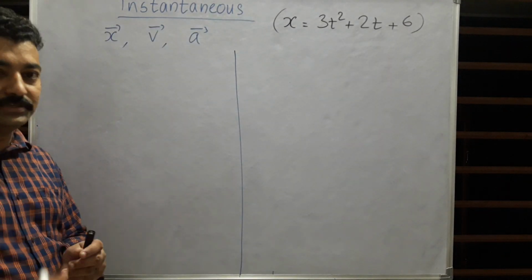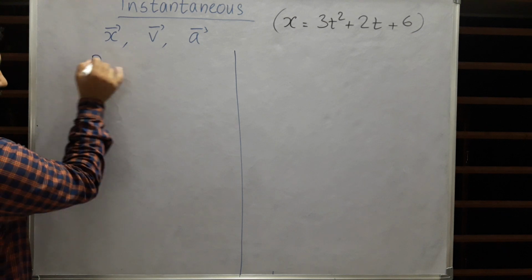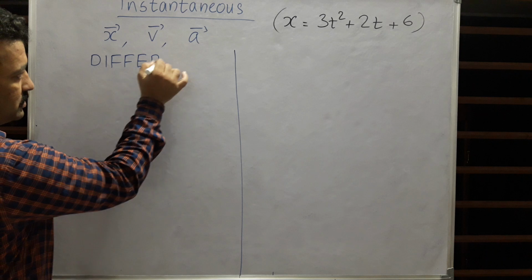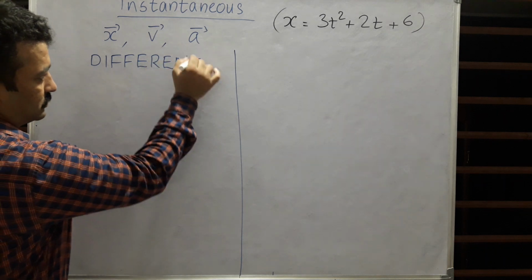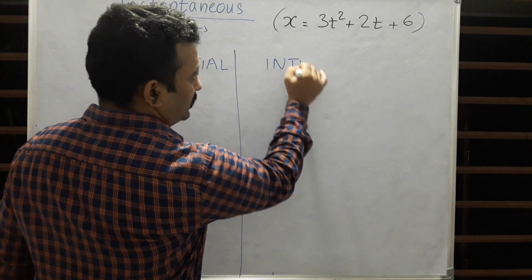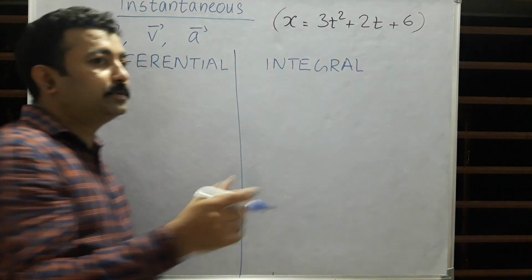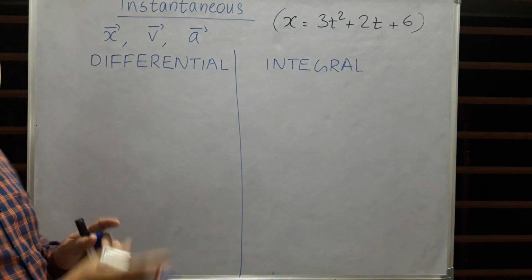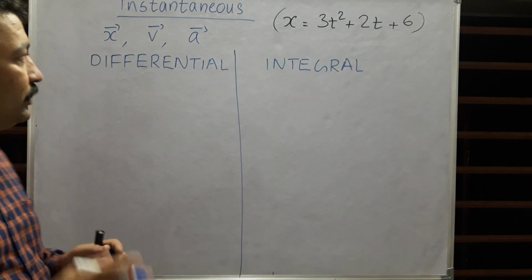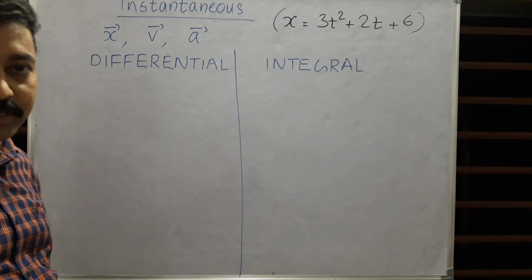In order to study the instantaneous concept, we have to learn a few differential relationships and a few integral relationships. What I mean by this is that these problems are completely based on calculus. We have to do differentiation, or sometimes integration.